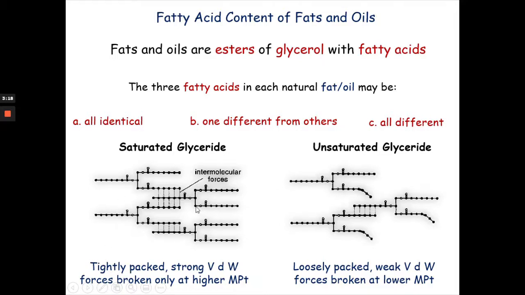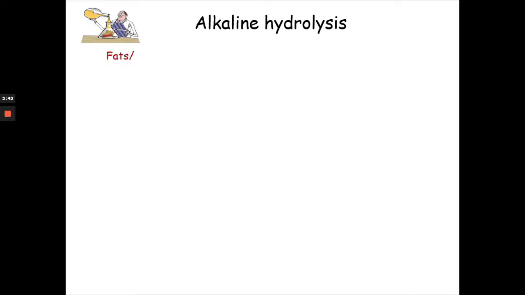Our saturated fats can pack closely together, leading to stronger intermolecular forces and higher melting points, and our unsaturated, more probably oils, pack more loosely together, leading to weaker van der Waals forces and lower melting points. Anyway, let's get back to talking about alkaline hydrolysis to produce the salts of fatty acids.